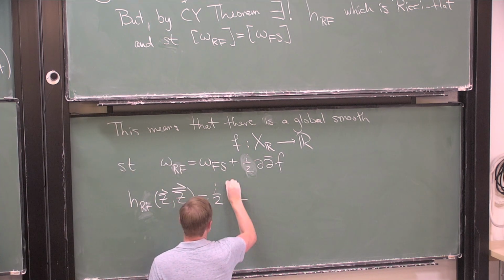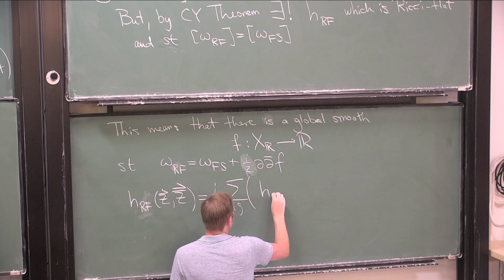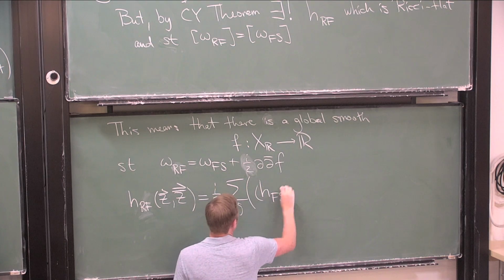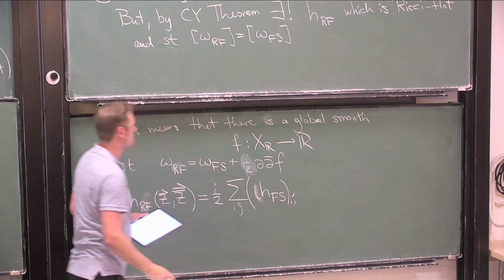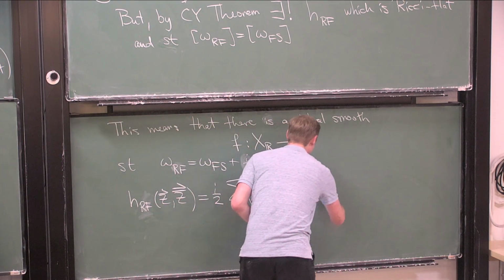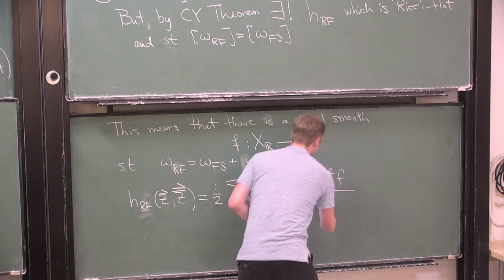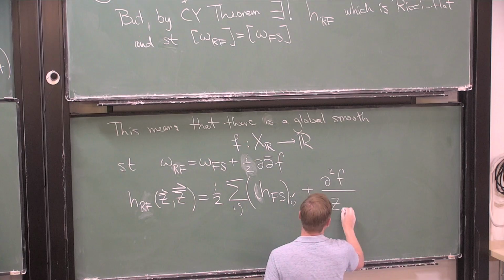I've already written the formula like this before. We just take the ij coefficient of the Fubini-Study metric, and we modify it by the second derivative of this globally defined function f.